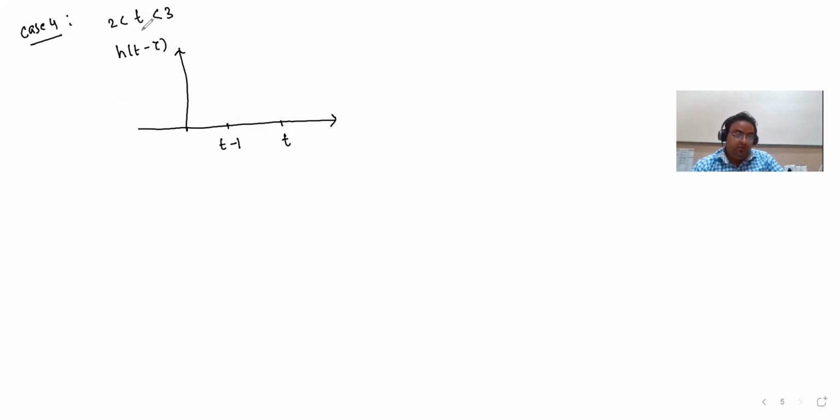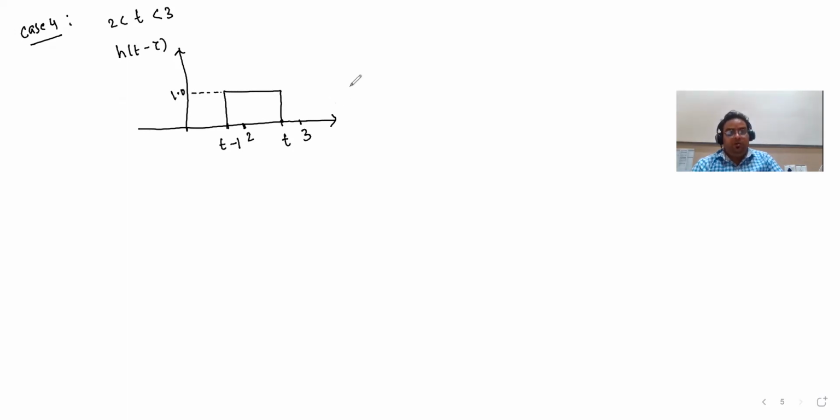Now t is greater than 2, so t minus 1 will be lying somewhere less than 2, and t is less than 3, so we have 3 somewhere here. This is our h of t minus tau, which is varying from t minus 1 to t.